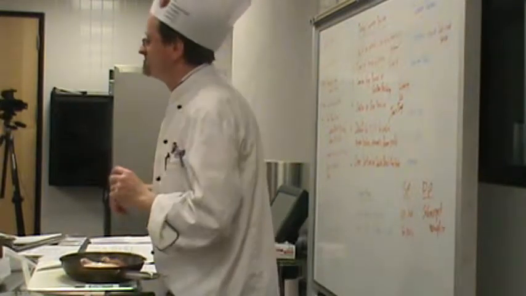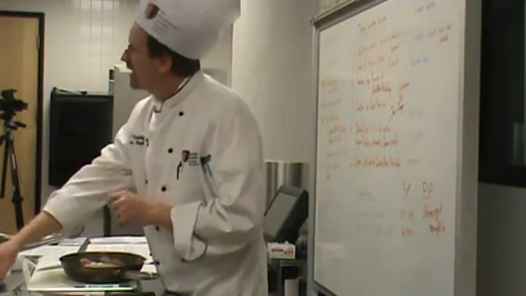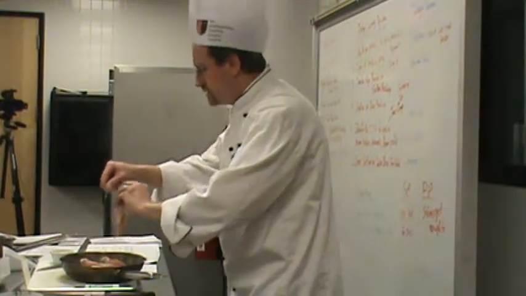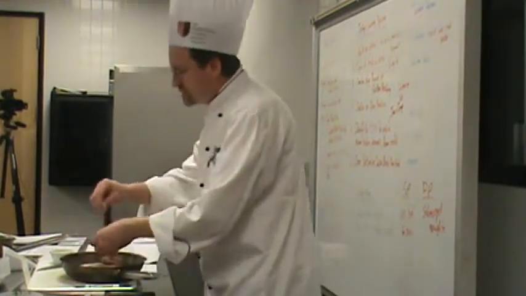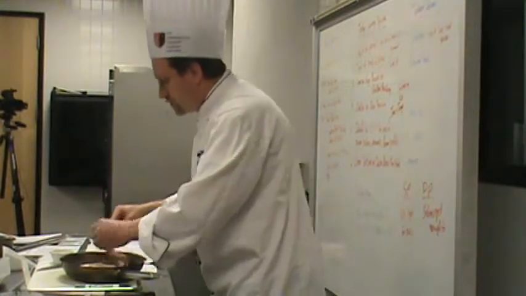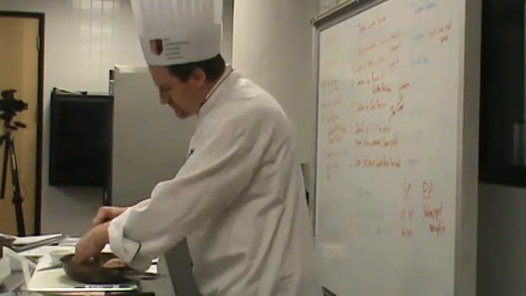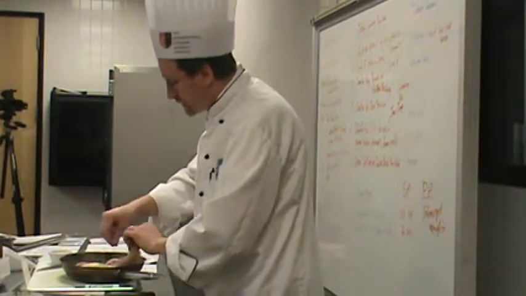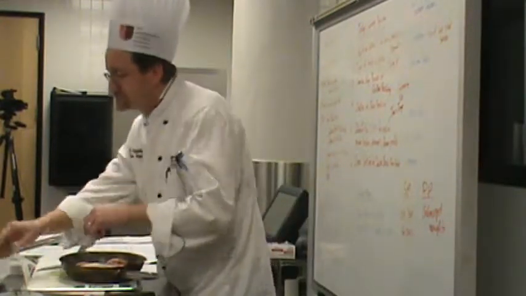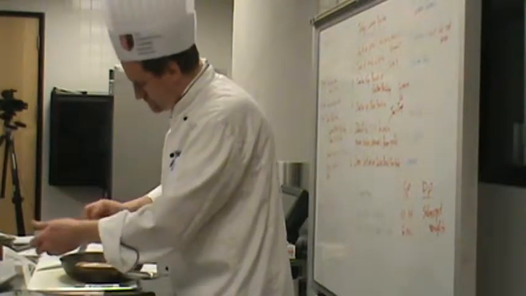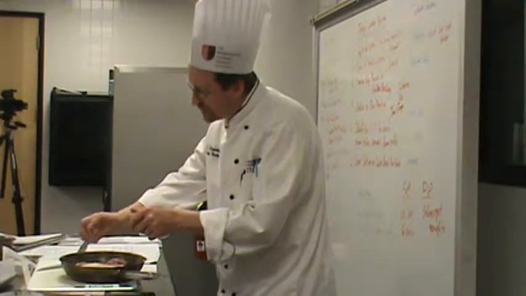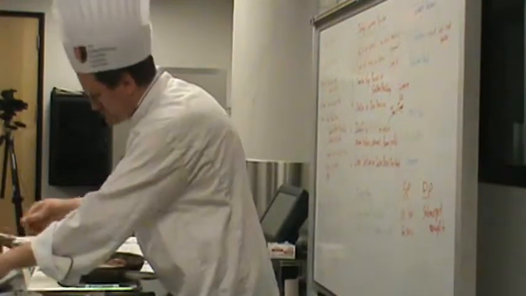Salt and pepper, right? Yes, Chef. We always want to pre-season our protein when we're poaching before we put it onto that natural rack of the shallots. Okay, and we're going to use white pepper for this application today instead of black pepper.